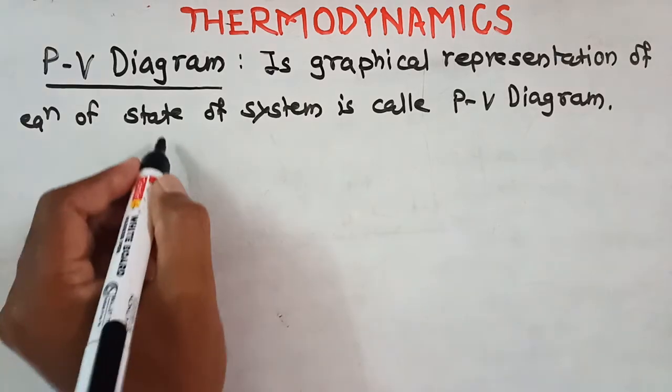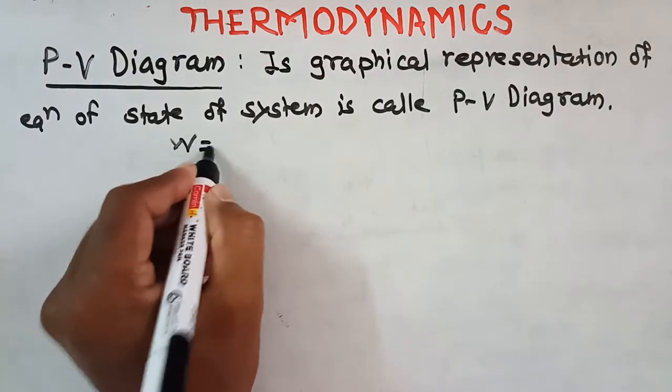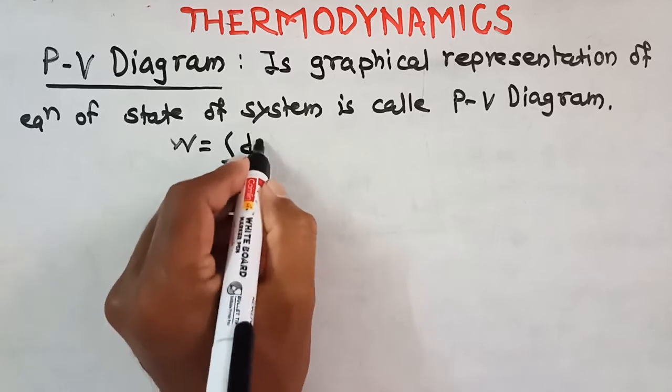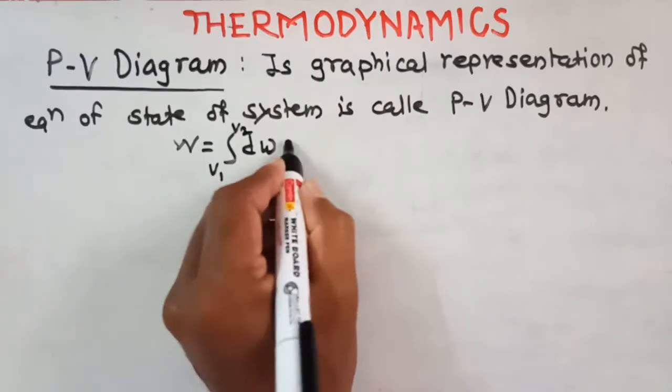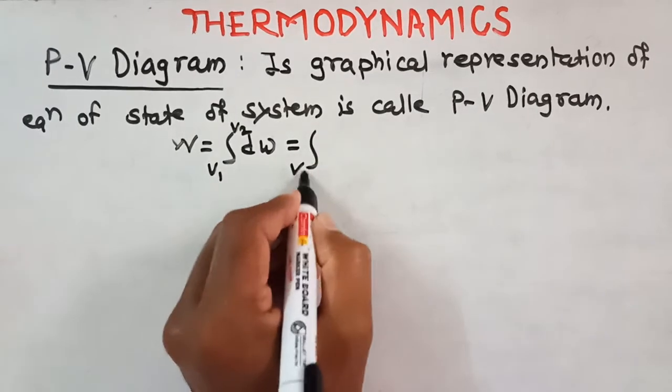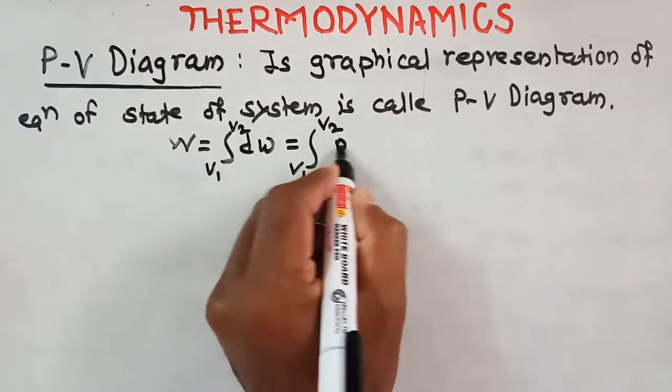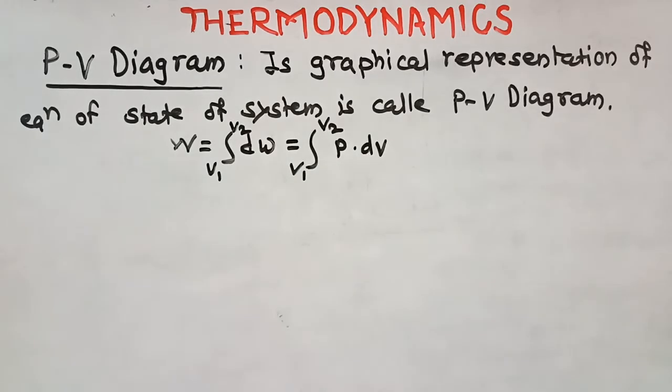Let us consider an equation W is equal to integration of dW, where the limits of integration are from V1 to V2. Let's substitute the value of dW. That is P dV. This is the integral which represents the work done in expanding a gas from volume V1 to V2. The work done is found in two ways.